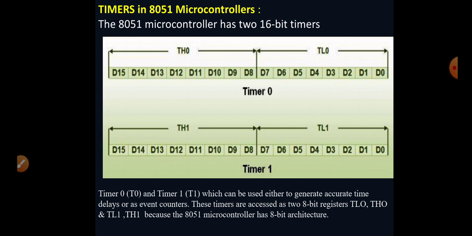Timer 0 and timer 1 are 16-bit registers to hold the count value. These can be considered as a combination of two 8-bit registers, TH and TL, because the 8051 microcontroller has an 8-bit architecture.